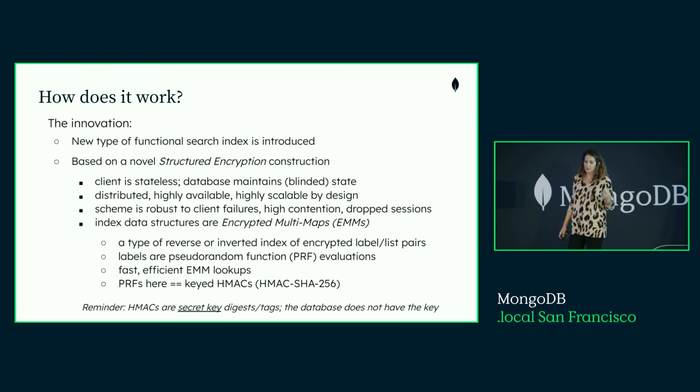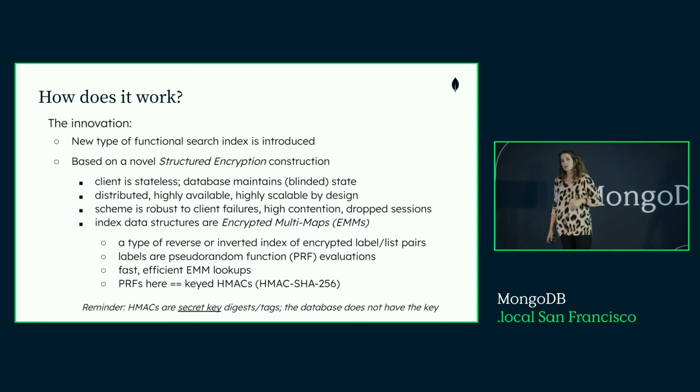Like I said, it's based off of a well-researched thing called structured encryption that uses data structures called encrypted multi-maps. These are an inverted index that actually has a label and then a bunch of values of essentially the documents that match it. Those labels are pseudorandom functions, which are actually HMACs in this case, actually chained HMACs.